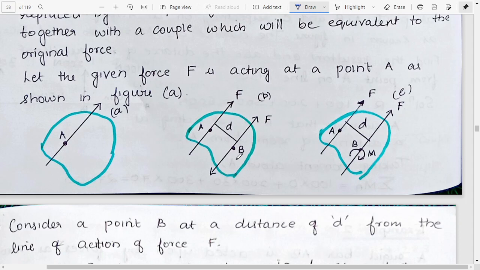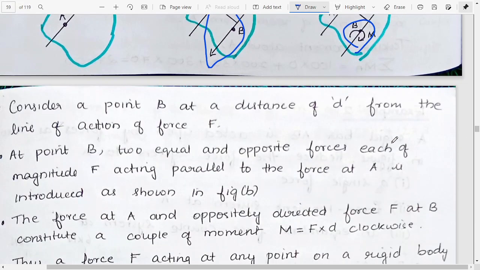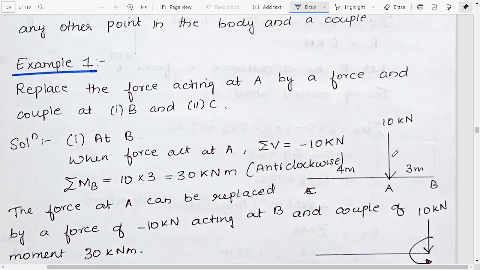Now if we are having something like this, you must be understanding that this is a couple, so we can just draw that as a couple here and a force here. So we have successfully converted a force into a force and couple. So that is what it is saying.